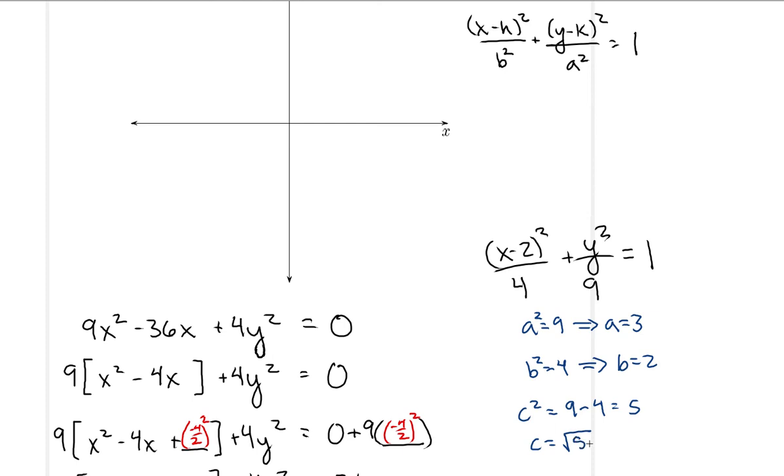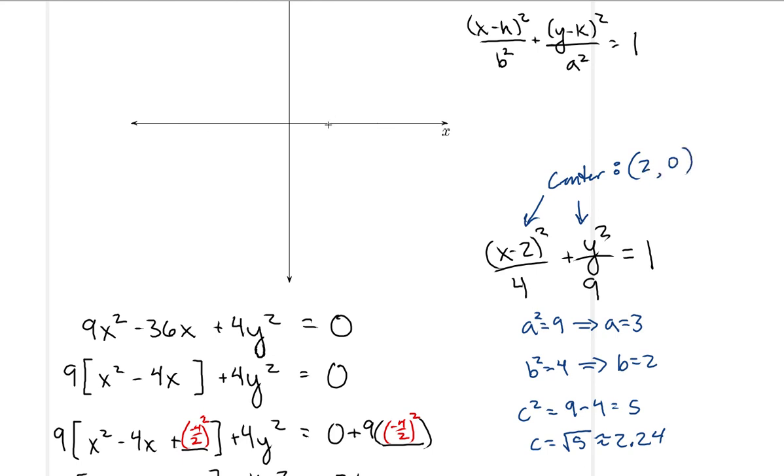And the square root of 5, just for the purposes of graphing, is about 2.24. All right. Now the a, the larger number, is with the y, so I know that the major axis is going to be a vertical axis this time. Okay. And then the last thing, in addition to a, b, and c, of course, what do I know? I know that the center is the point 2, 0.